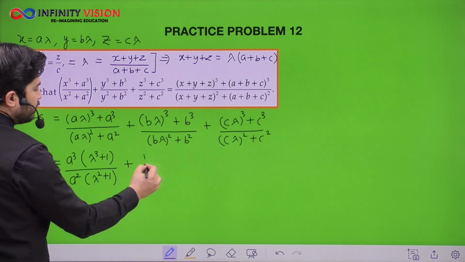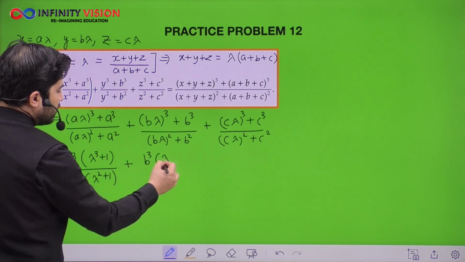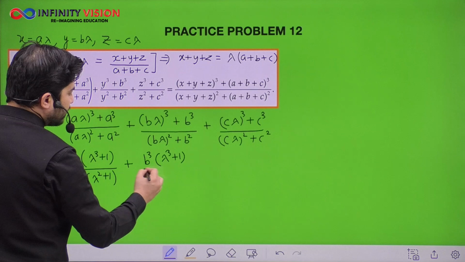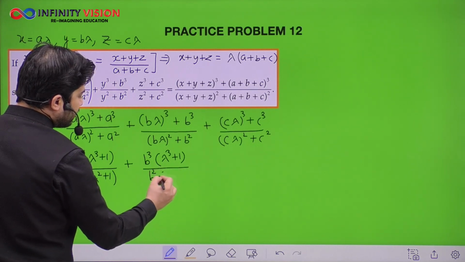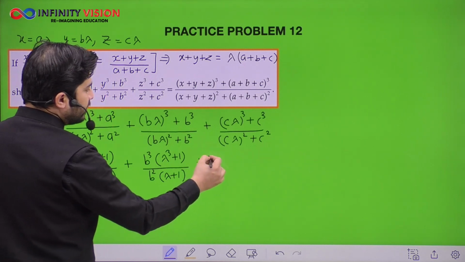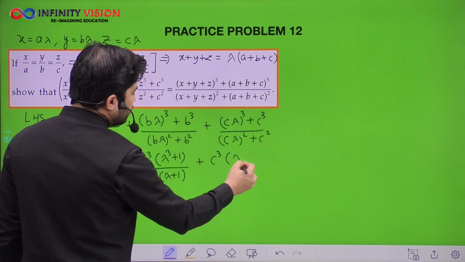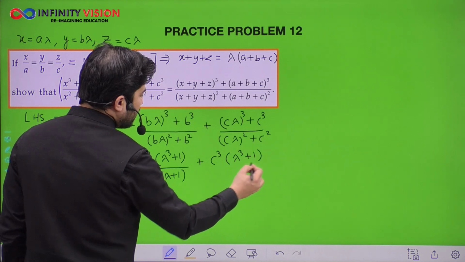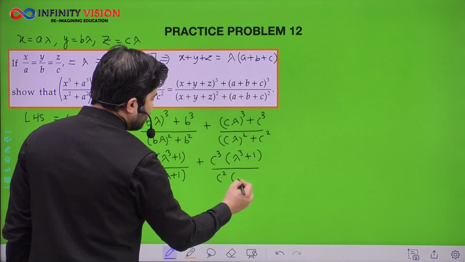Same way, it is going to be b cube into lambda cube plus 1 upon b square into lambda square plus 1, and the third term would be c cube into lambda cube plus 1 upon c square into lambda square plus 1.